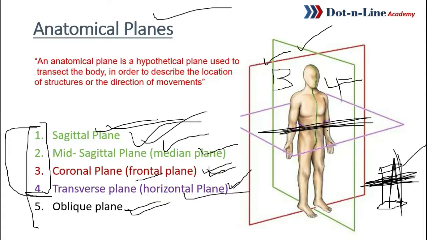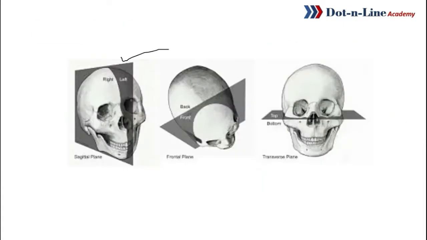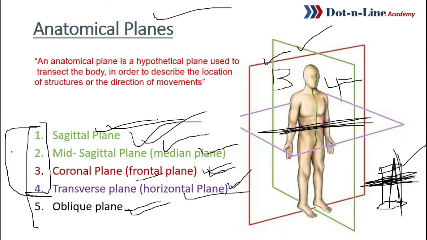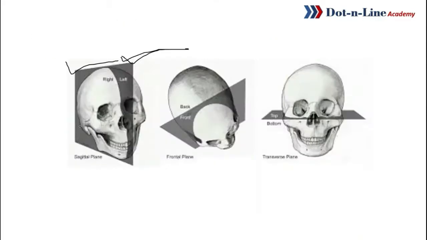Let me tell you with an example, in the case of a skull, what will be the different planes. Let's consider this plane. What is this plane? This is a sagittal plane. Why?